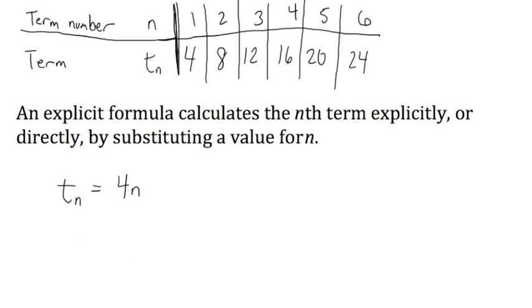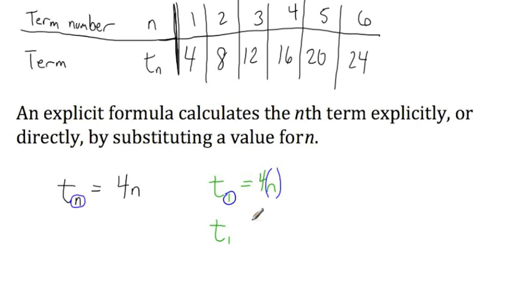This would allow us to now work backwards. If we wanted to generate the first term, which we denote t sub 1, this means the term in the sequence, and the subscript tells us which term we're looking for. The first term can be found by taking 4 times n, and since n is the subscript here, and here the subscript is 1, what I'm going to do is plug in 1 for n.